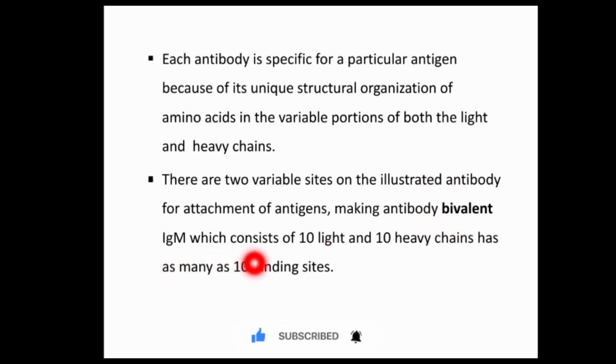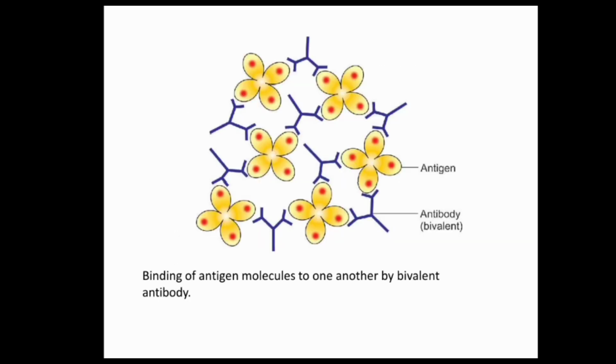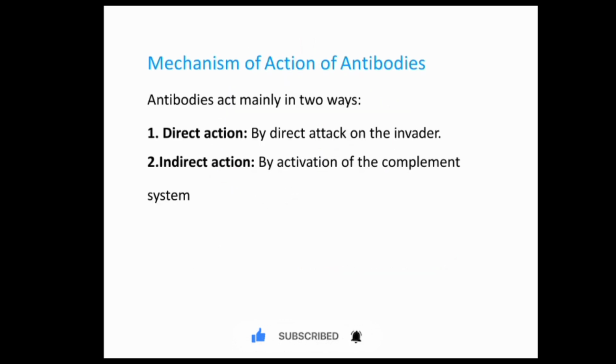IgM consists of 10 light chains, 10 heavy chains, and as many as 10 binding sites. For IgG it is bivalent, for IgM it is pentavalent. Here you can see this is the antigen, this is the antibody IgG, it is bivalent. Antibodies link antigen molecules to one another by the bivalent antibody.